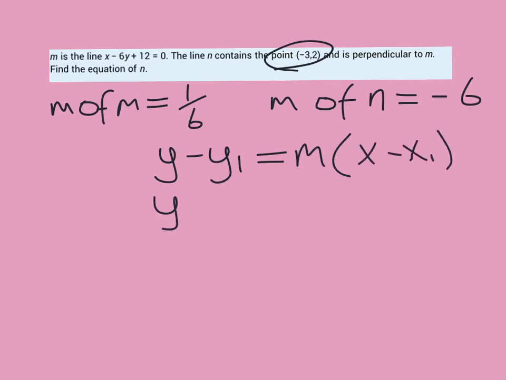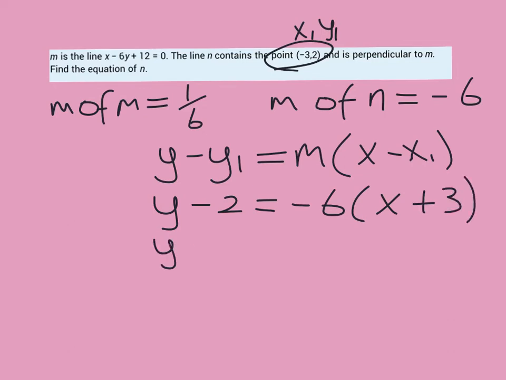Remember that's x1, y1. So y minus 2 equals minus 6, x minus minus 3, so that's plus 3. And then I get y minus 2 equals minus 6x minus 18, because 6 by 3 gives me minus 18. And then I can put that in any format I want.